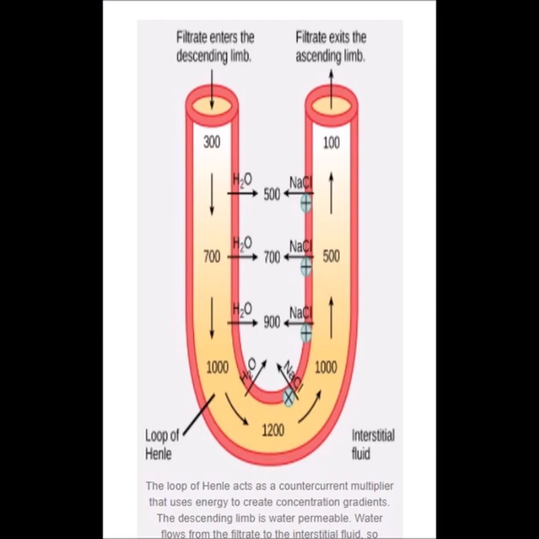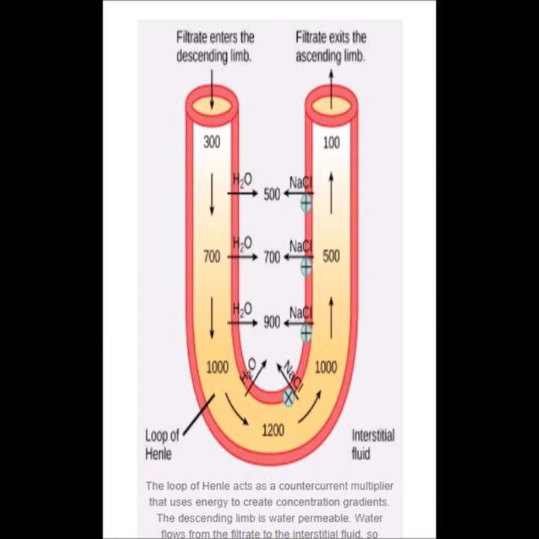Now, by the time the filtrate reaches the DCT, what happens? Most of the water and solutes will have been reabsorbed. If the body requires additional water, all of it can be reabsorbed at this point. Further reabsorption is controlled by hormones, which we are going to discuss very soon. Excretion of water occurs due to lack of reabsorption combined with tubular secretion.